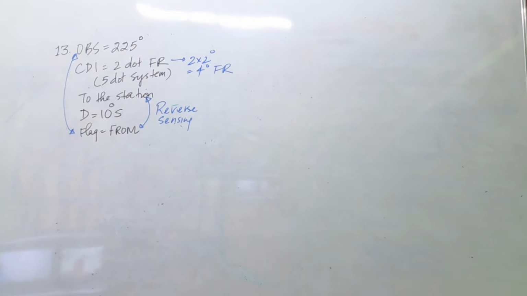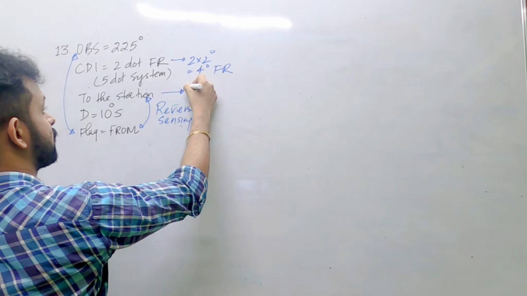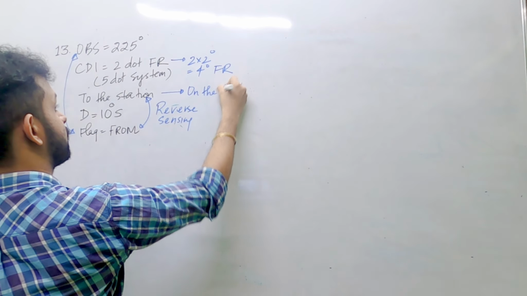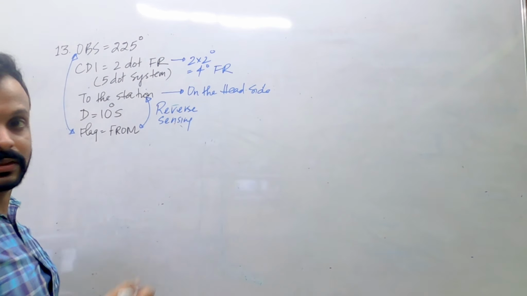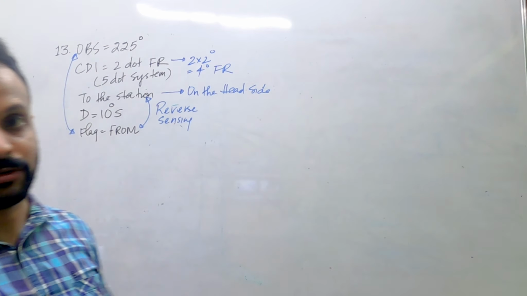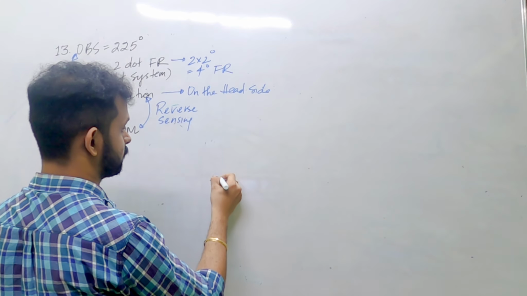And for the flag to be from, we have to be on the head side. That's right. So you're coming to the station and you're on the head side. So I'm just trying to derive some information without drawing the actual picture, just to give you the orientation. Now let's draw the diagram.